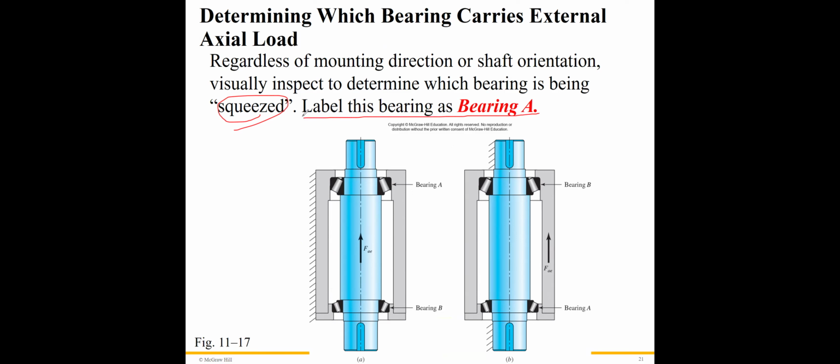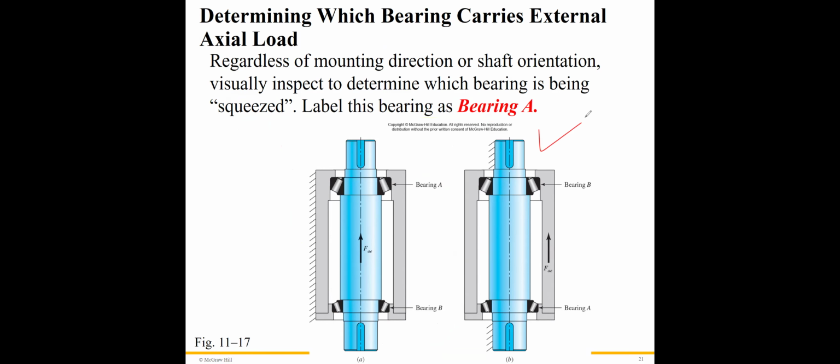So let's look at this bearing combination here. If there is an external force load applied, which bearing is being squeezed, A or B? Just look visually. Of course, A. So bearing A is being squeezed by the external axial load.